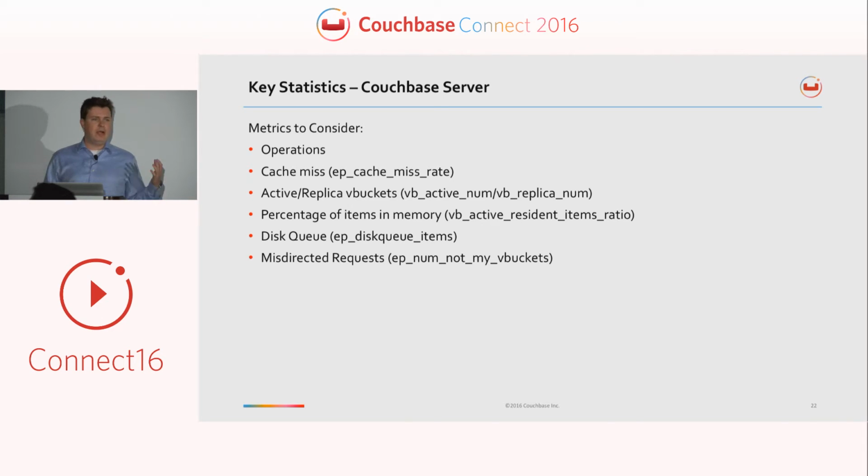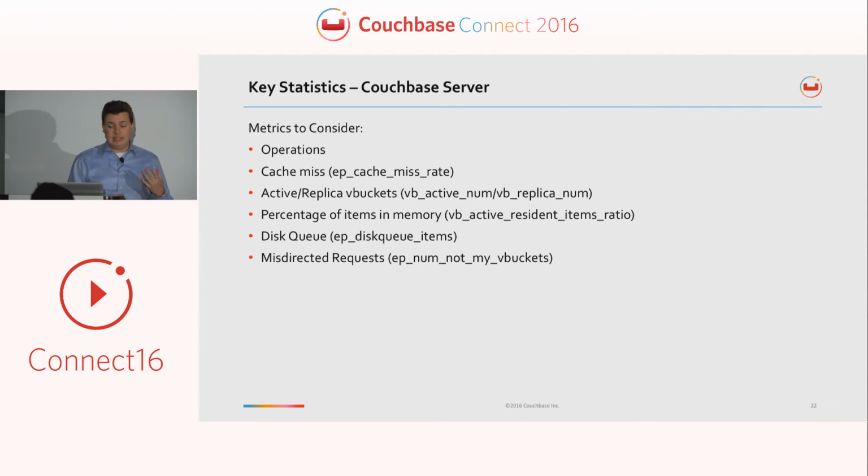If you've got one application using one bucket in Couchbase, you probably do care about your cache hit or cache miss ratio. Are we getting that in memory or are we going back to disk?